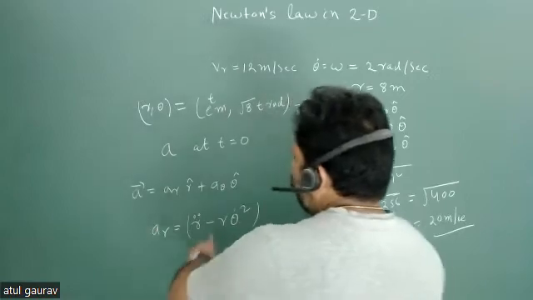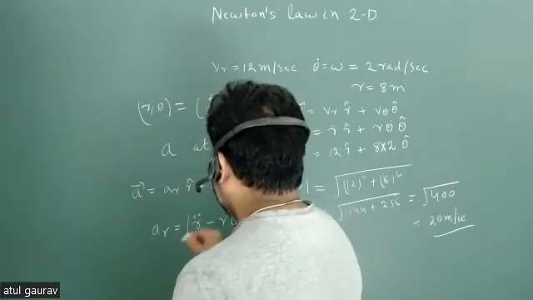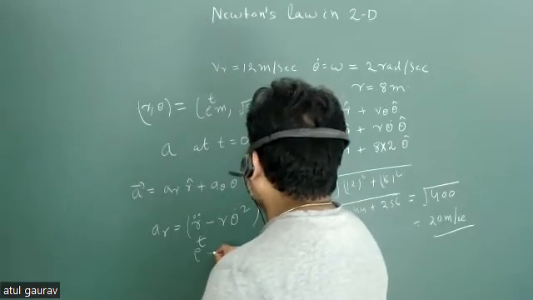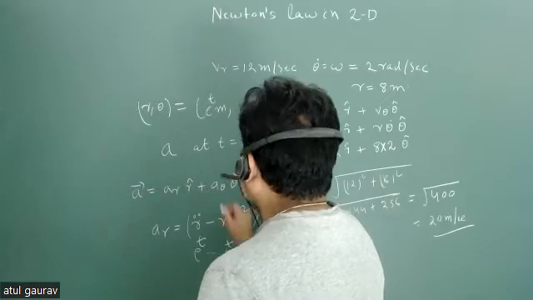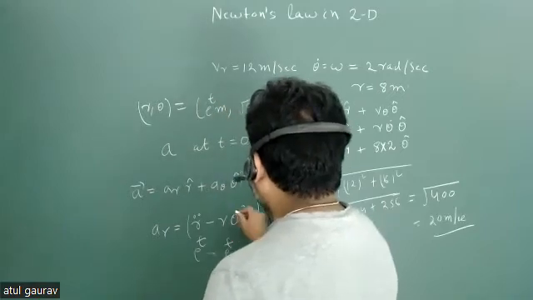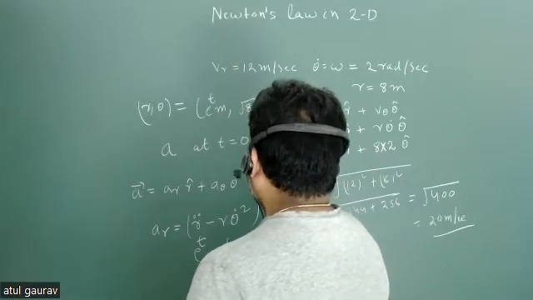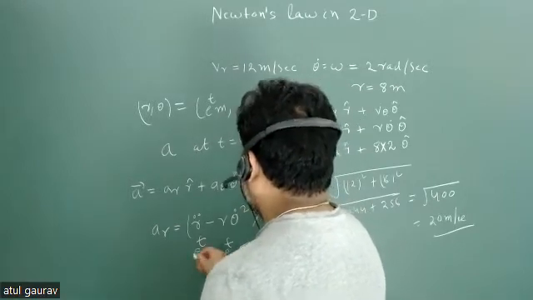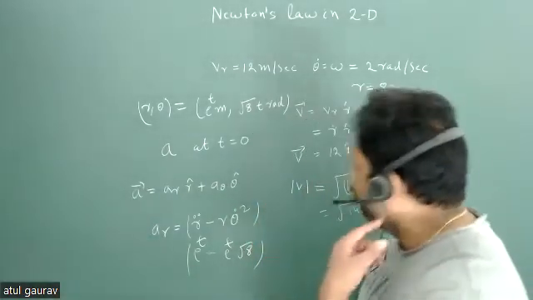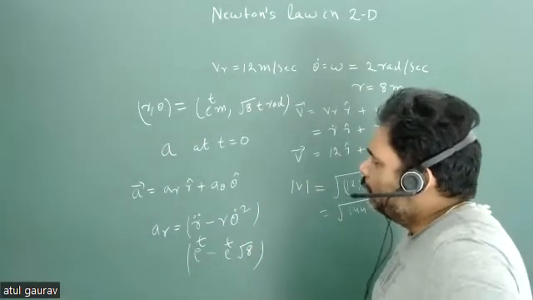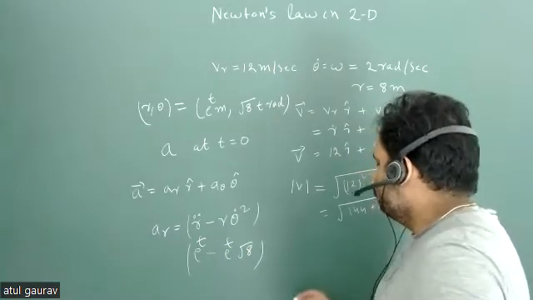Okay. So what is r double dot? E to the power t. Minus what is r? E to the power t. And what is theta dot? Root under 8. You have to differentiate this. So this is your AR at some particular time t, and we have to calculate AR at t equal to 0.